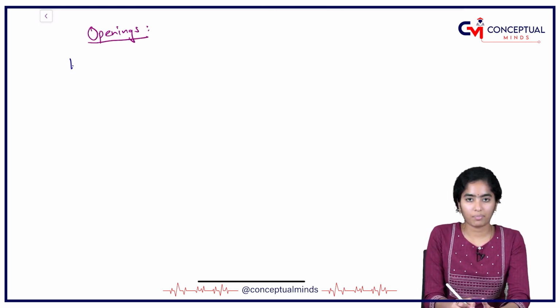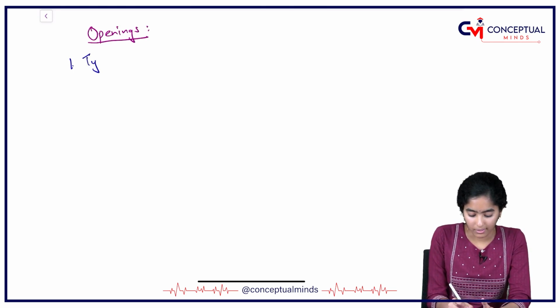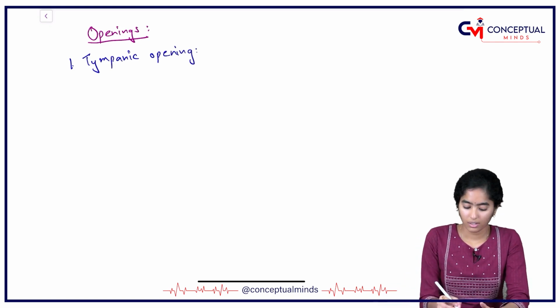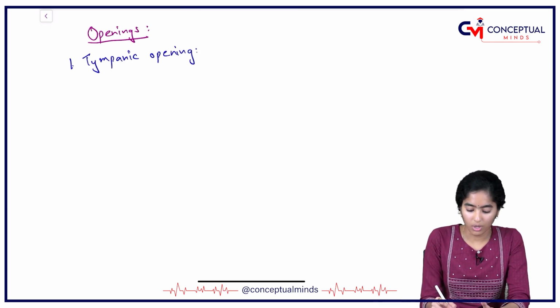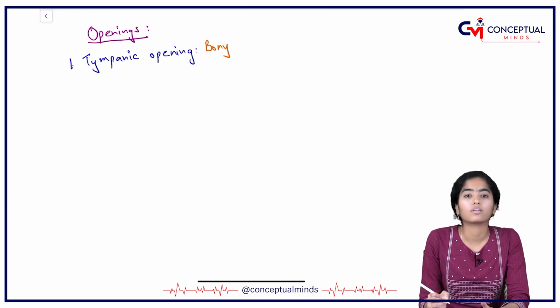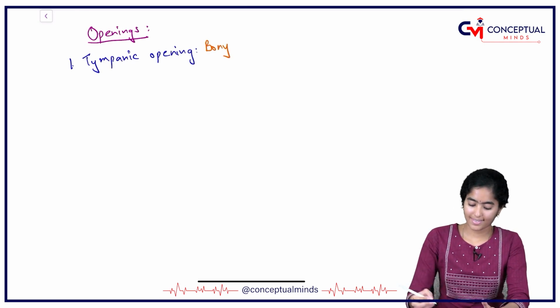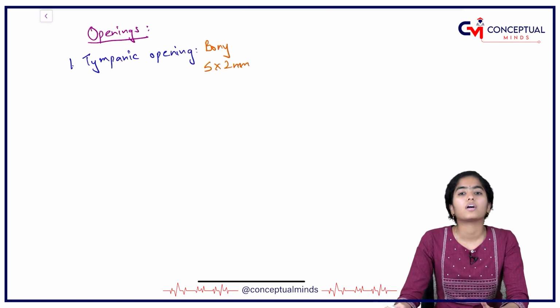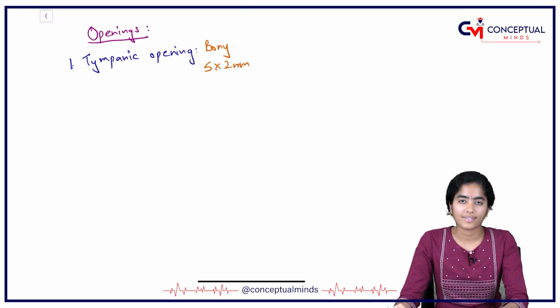First, let us study about the tympanic opening, the opening present in the middle ear. It is very simple. The tympanic opening, as we already know, is bony and its dimensions are 5 by 2 millimeters.